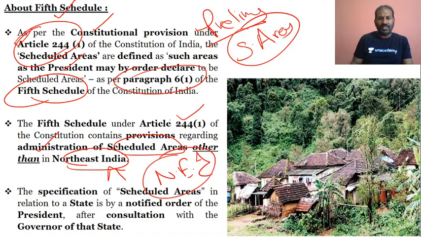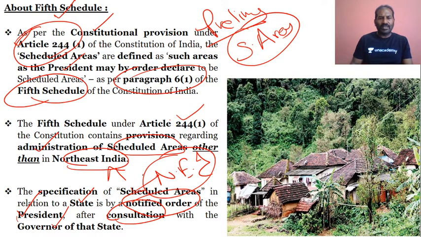And as for the specification of scheduled areas, which area or which part of the state has to be notified as a scheduled area will be decided by the president, but in consultation with the governor of the state, as I mentioned initially.